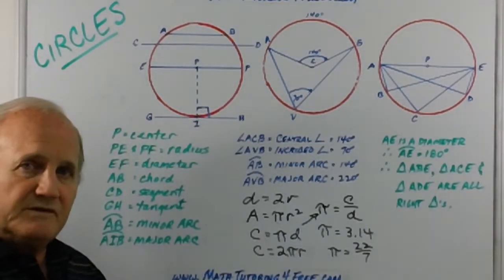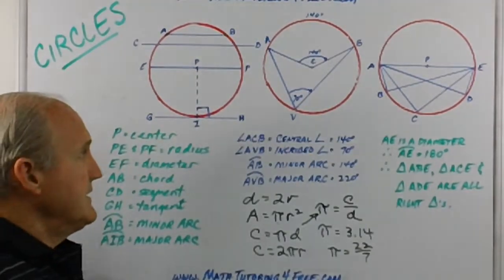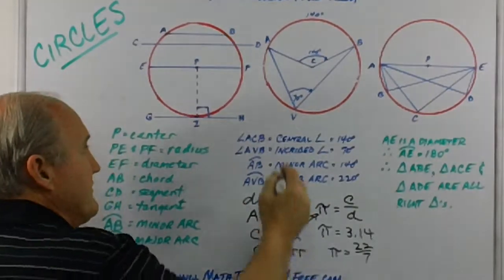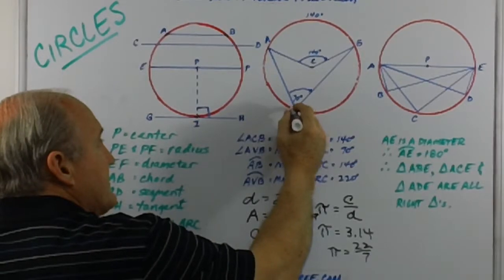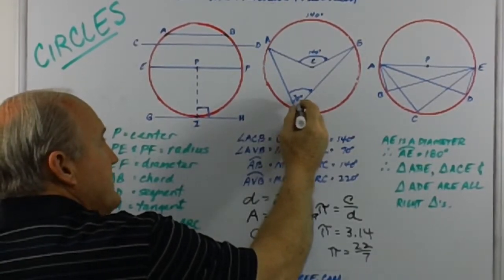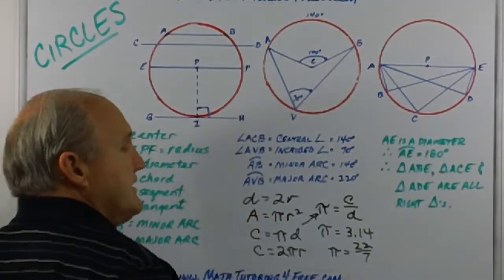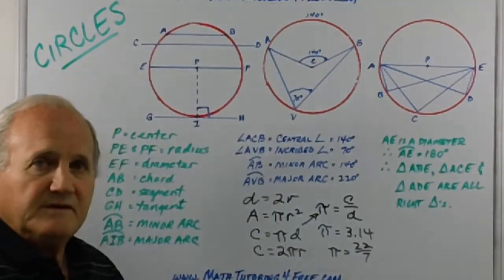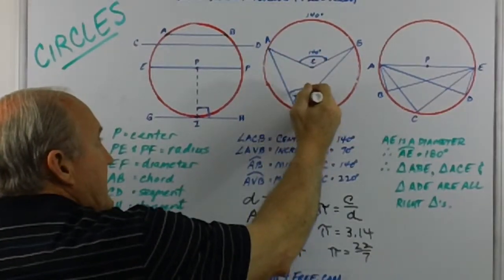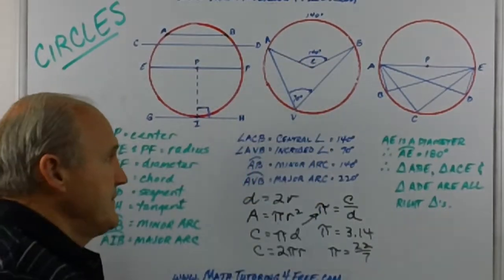So just a little fact to stick in the back of your mind: if the vertex of an inscribed angle is on the circumference of the circle, then its measure is one half of the central angle using those same endpoints, or one half of the arc.